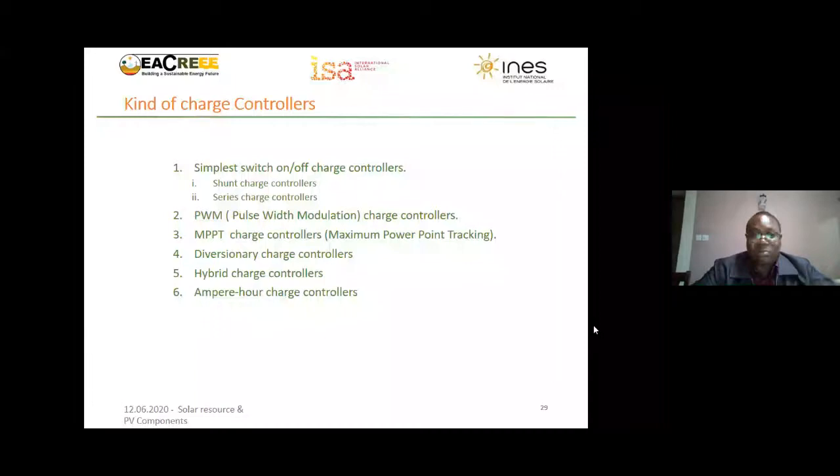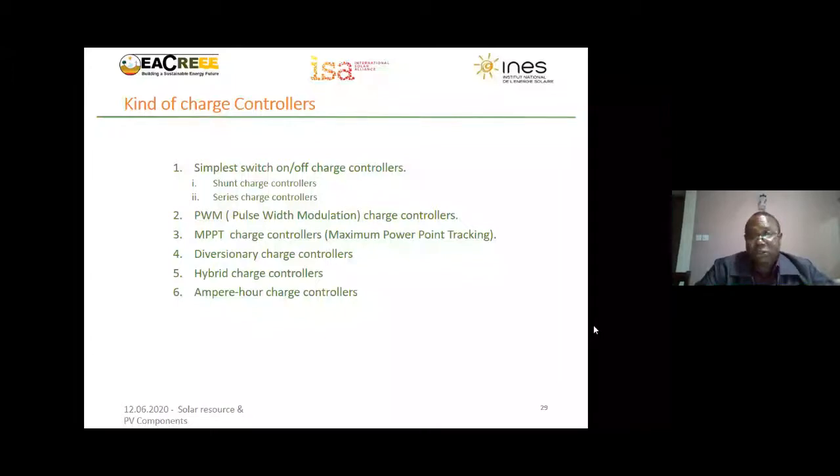These types of charge controllers are available in two types: the shunt type and the series type. Then we have what we call pulse width modulation charge controllers, also available in the market. When you go, you can always see clearly written PWM.